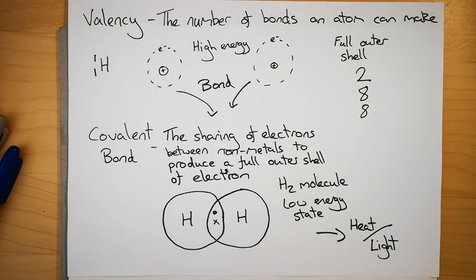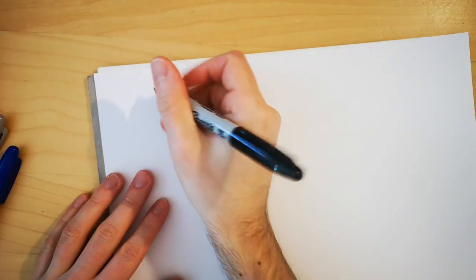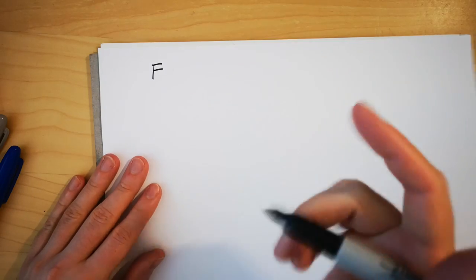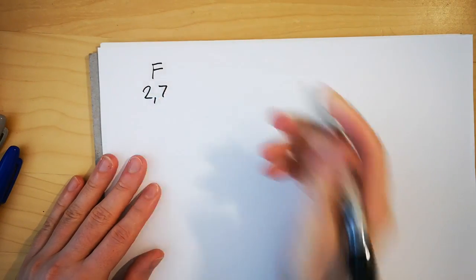What I want to do is show you a slightly more complicated example, and we'll talk about that, and then we'll make a molecule out of two different elements. So, slightly more complicated version of this might be fluorine. So fluorine has the symbol F, and its electron arrangement is 2, 7.